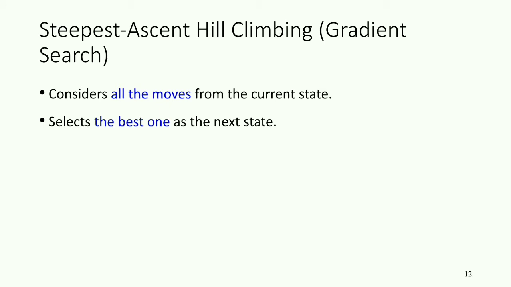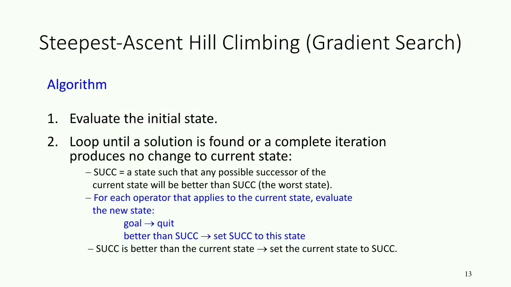Steepest ascent hill climbing is also called gradient search. The algorithm first evaluates the initial state, then loops until a solution is found or a complete iteration produces no change to the current state. Set successor to a state such that any possible successor of the current state will be better than it, that is, the worst state.